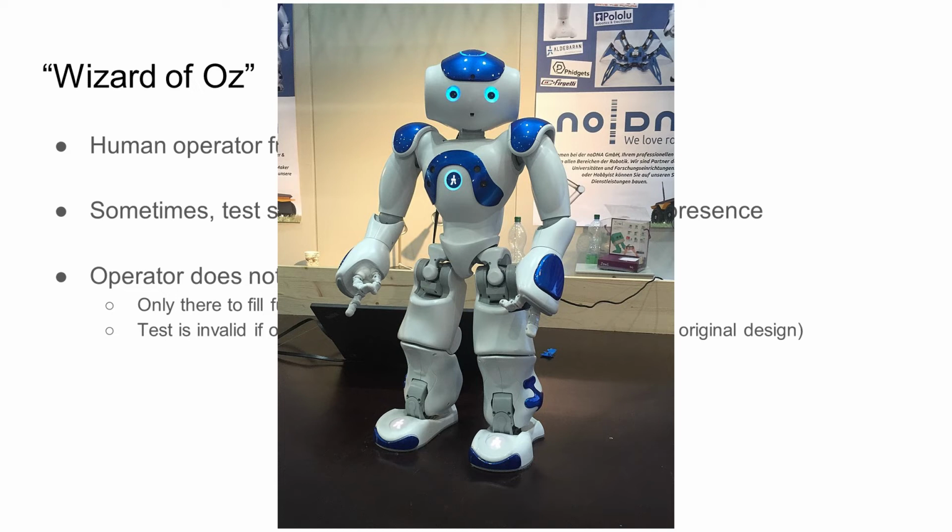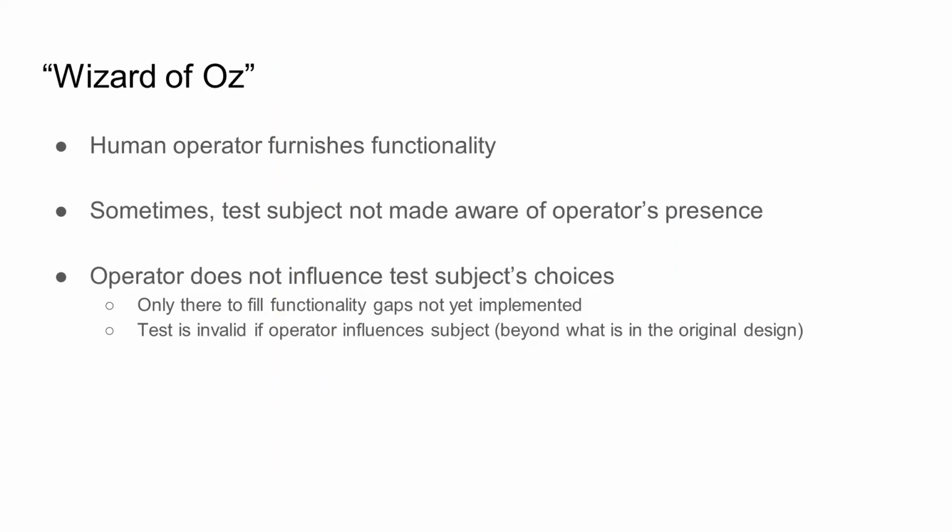The key thing that you want to really avoid in that situation is the temptation to influence the user's actions. Because what you're doing as the Wizard of Oz is you're only merely facilitating the functionality of the design.